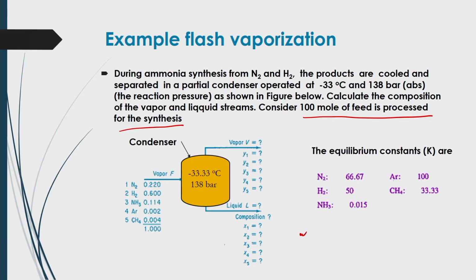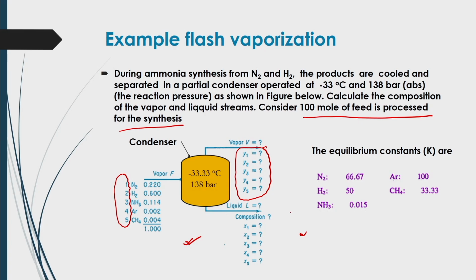Now here F is given to you, and the compositions are nitrogen, hydrogen, ammonia, argon, and methane as per the figure. If I denote those components as 1, 2, 3, 4 and 5 respectively, then in the vapor phase the composition is not known to you, and also the total amount of vapor is not known, that you have to find out.